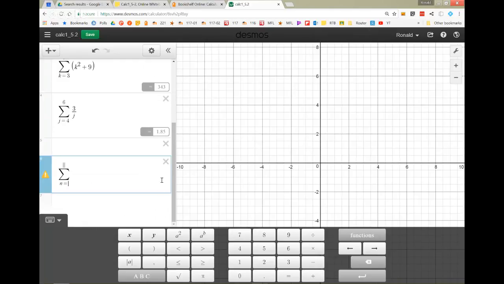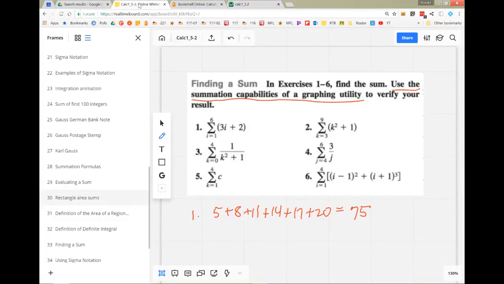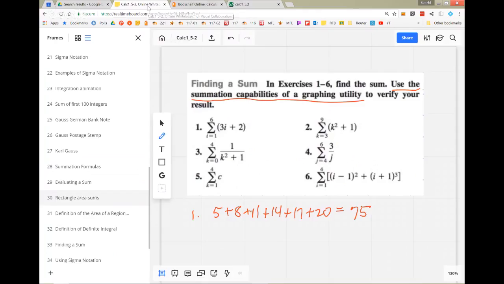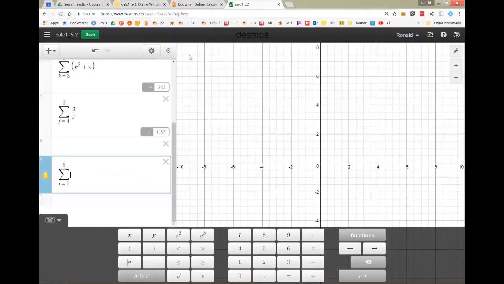Okay, now, what were we supposed to do? We were doing i equals 1 to 6, right? So let's go back. You can click in here and change the n to an i equals 1, and then up on top put a 6. And then the expression was what? 3i plus 2.